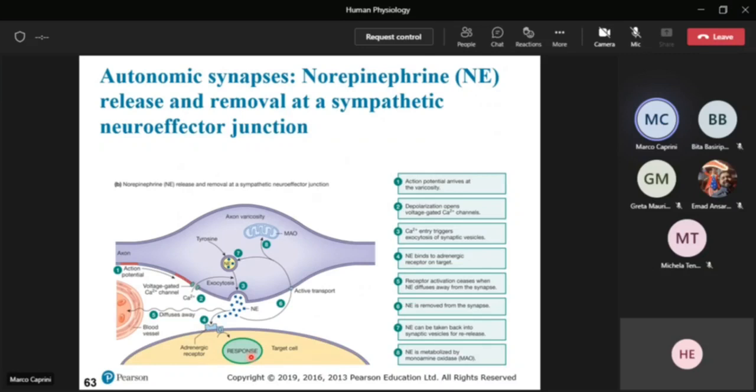What is the tricky point here? What could be the response from a mechanistic point of view? Contraction, it's okay, but what is important for the contraction?